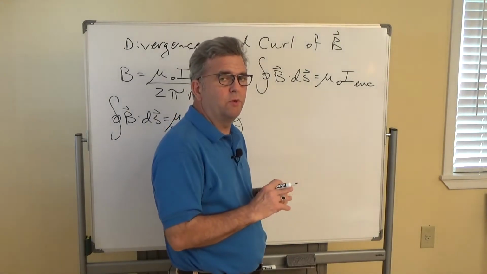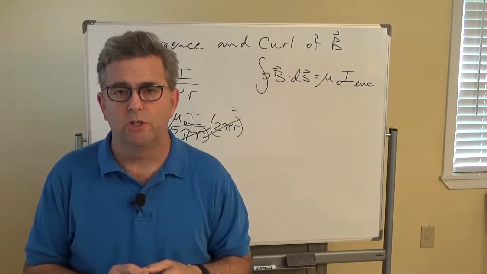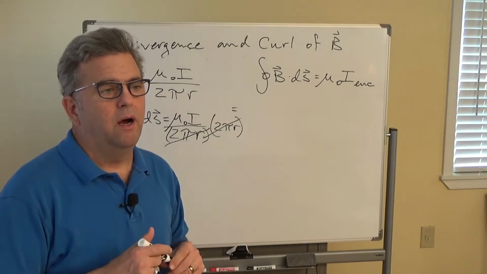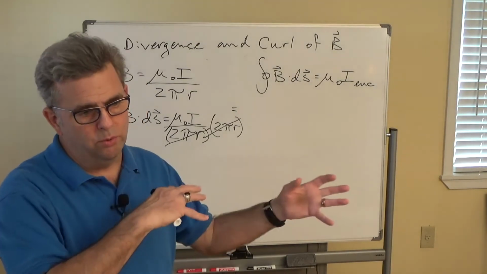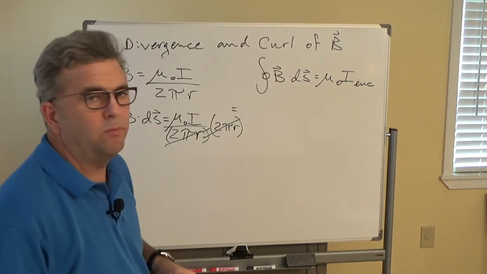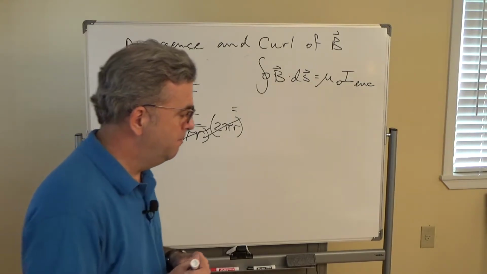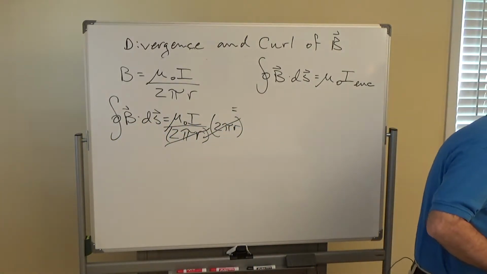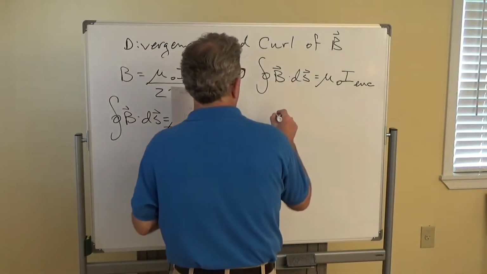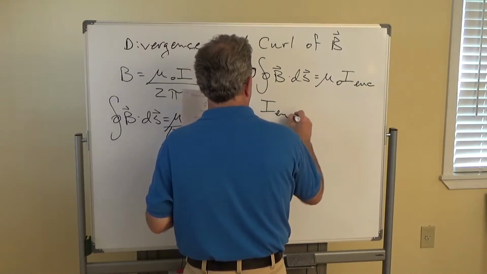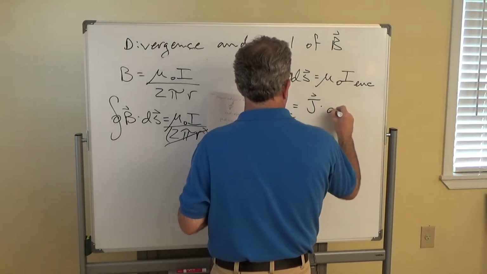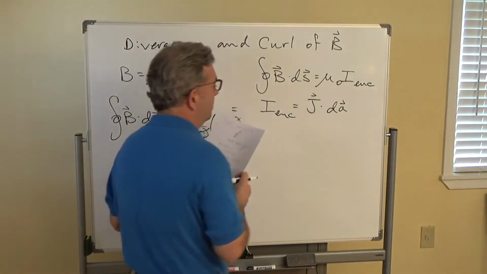Now, this is true for a long straight wire. This may not be true in general. We're going to look at a more general case where we can generalize this to different types of currents, currents that are not necessarily uniform like this and so forth. Remember that I enclosed is equal to J dot dA.